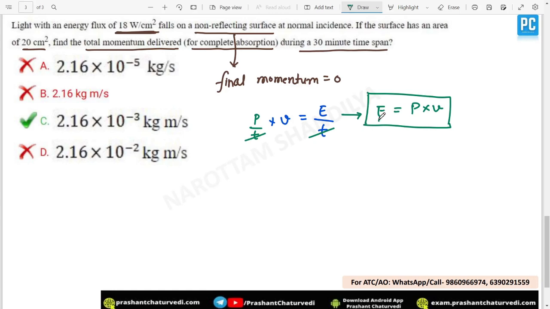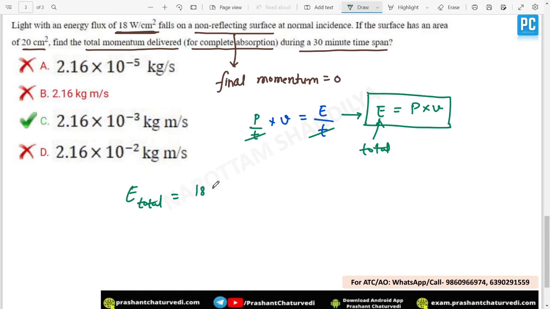So for this you have to calculate this energy first. This is total energy. This is per centimeter square, so total area is this one. First of all, calculate the power usage per second on the non-reflective surface.